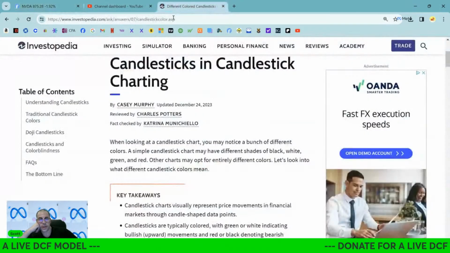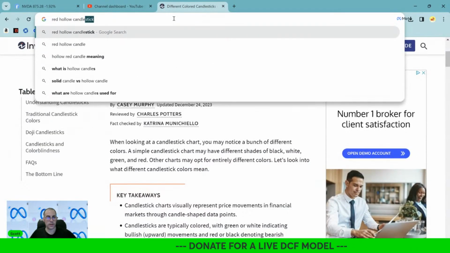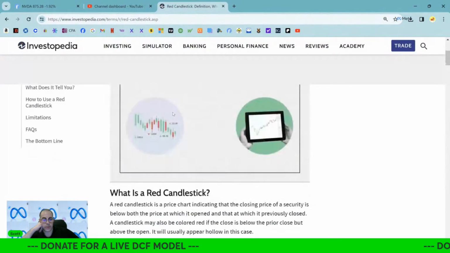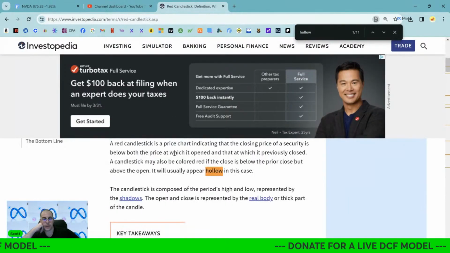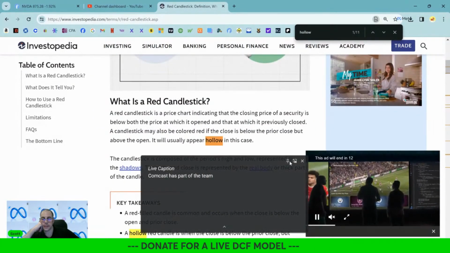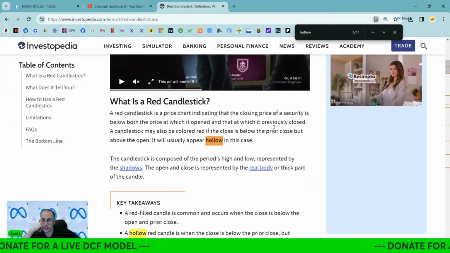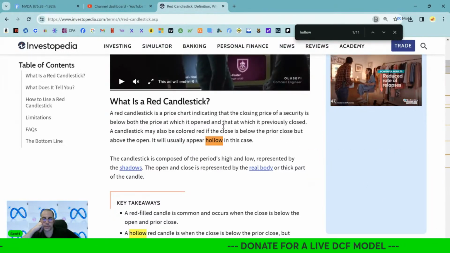Okay, red hollow candle. Okay, a red candlestick is when the security is below both the price at which it opened and at which it previously closed.